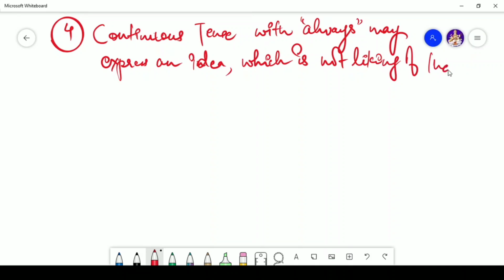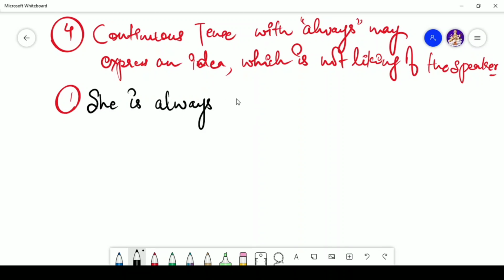Means, let's say I am talking about someone's habit or trait which I'm not fond of, which I don't like. Okay, so for example, if I'm saying that she is always fussing about everything.